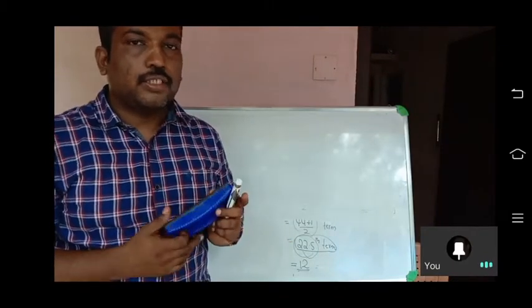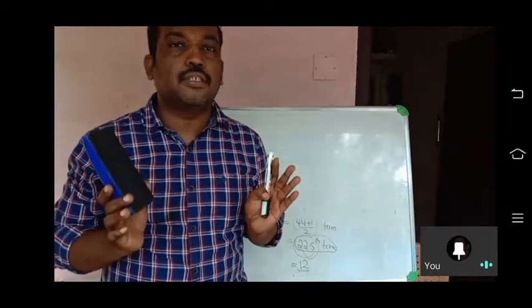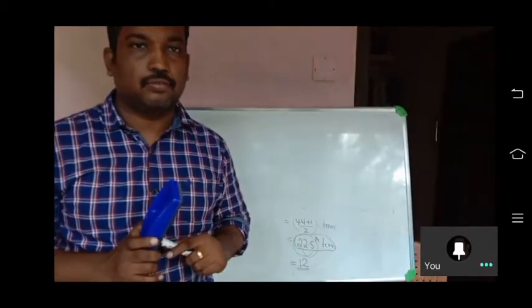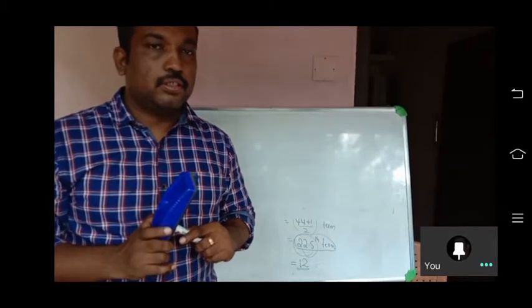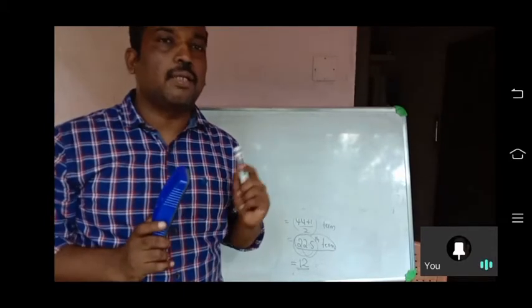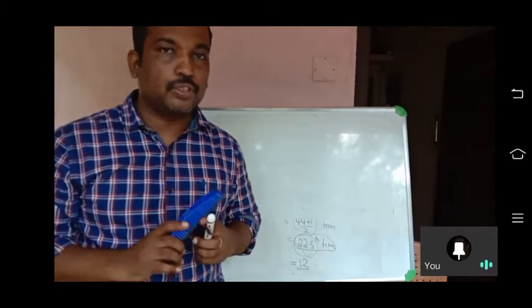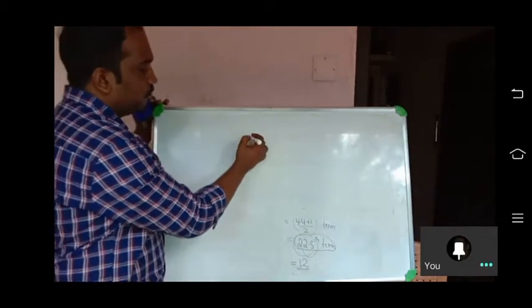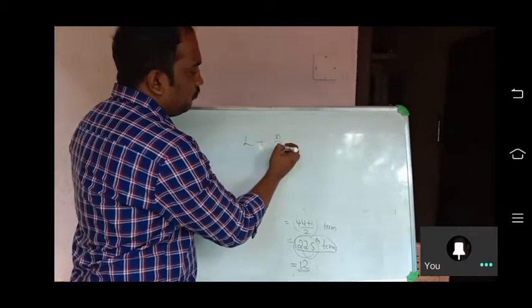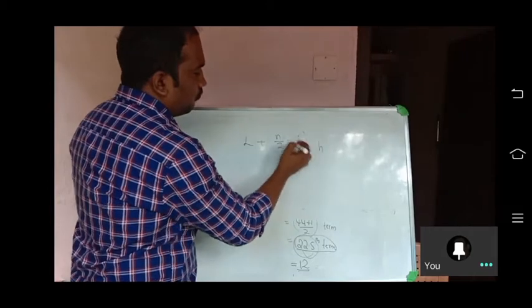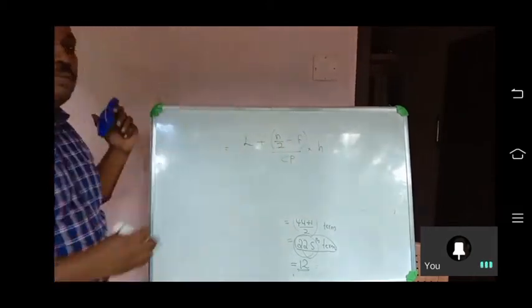Other than that, you need not find the median using the formula you learned in CBSE 10th, like L plus (N by 2 minus CF) by F into h, to find the median.